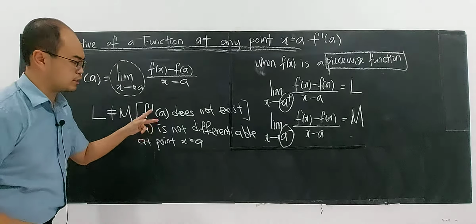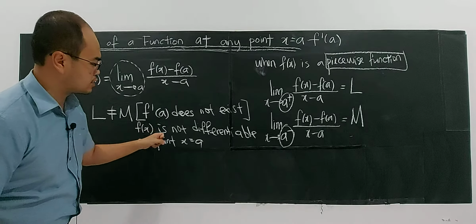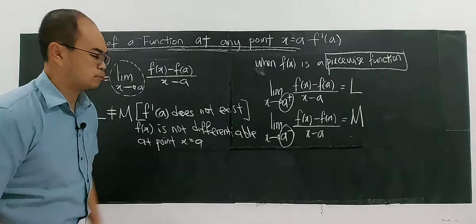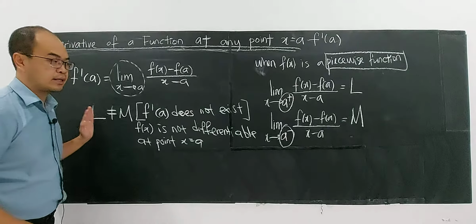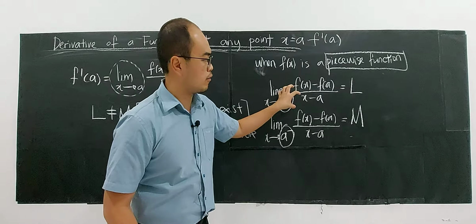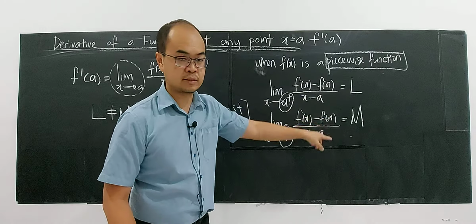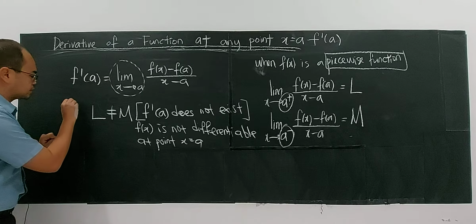Both have the same meaning: f prime a does not exist is the same as f(x) cannot be differentiated at this particular point. These statements hold provided that the limits from the right and from the left of the gradient function are not the same. This is the first concept.